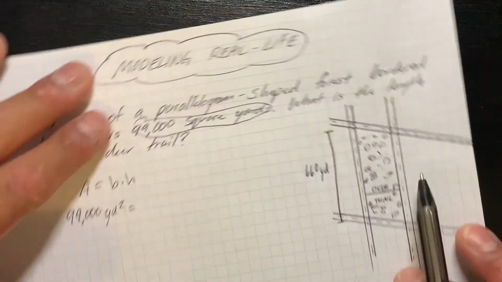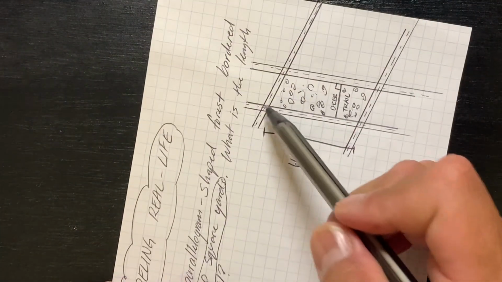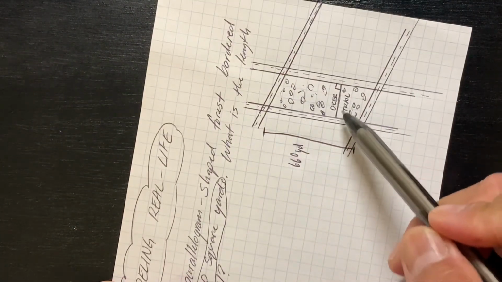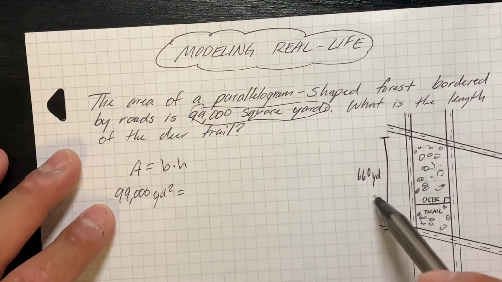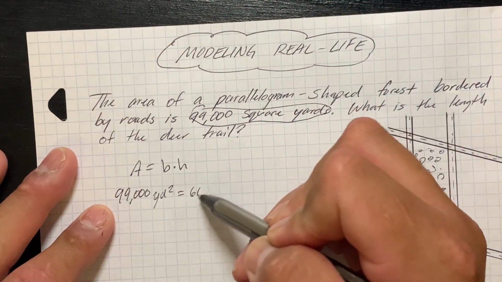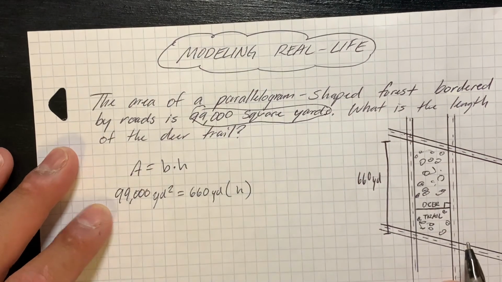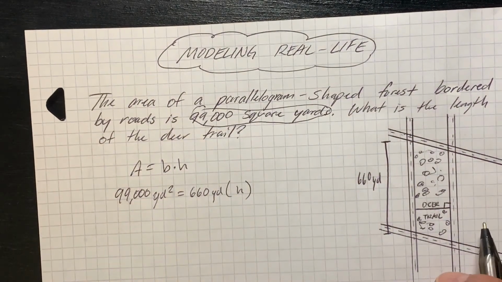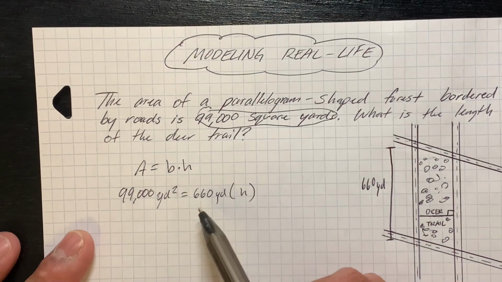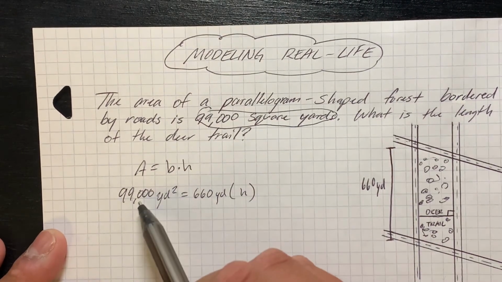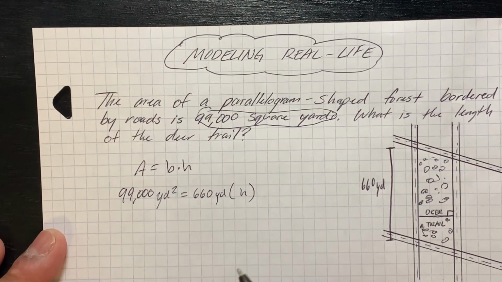So if you kind of flip it this way, this would be the base, but we're trying to find the height. And the base is 660 yards. And again, we're trying to find the height. We don't know what the height is. That's a missing value. Okay, so we got to multiply 660 times something to get 99,000 square yards.